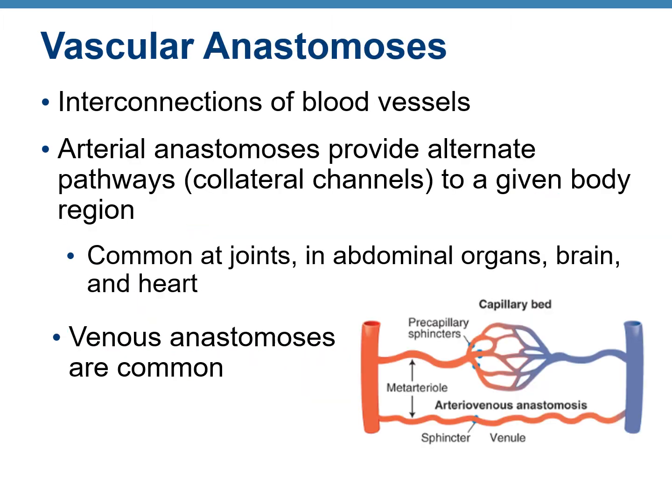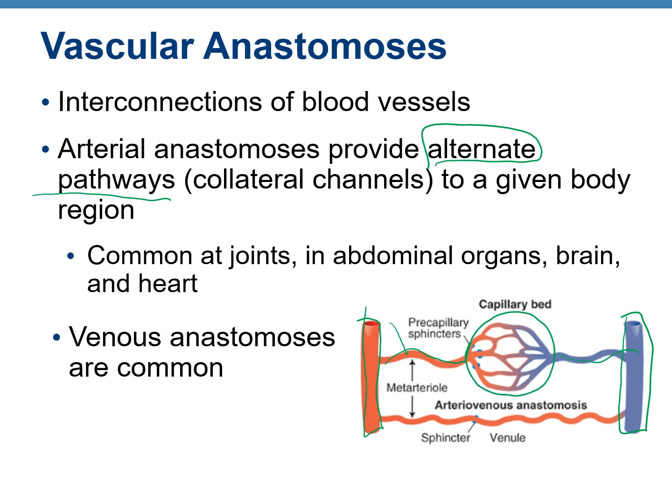Vascular anastomosis. Anastomoses are connections of blood vessels, and they provide an alternative pathway. So if you look at this diagram, let's say we have some arteriole and some small venule, and we're forming this capillary bed over here.